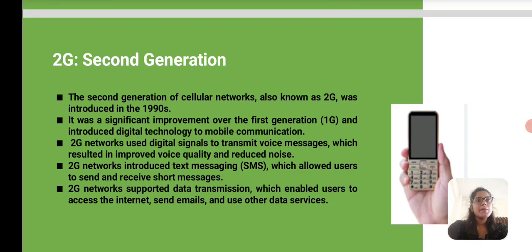It was a significant improvement over 1G and introduced digital technology to mobile communication. 2G used digital signals to transmit voice messages, which resulted in improved voice quality and reduced noise. 2G networks introduced text messaging, which allowed users to send and receive short messages. 2G networks supported data transmission, which enabled users to access the internet, send emails and use other data services.